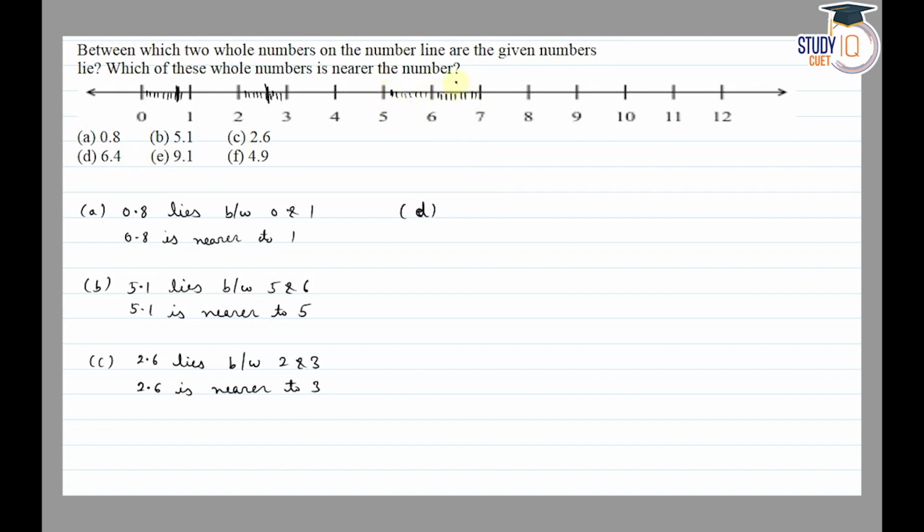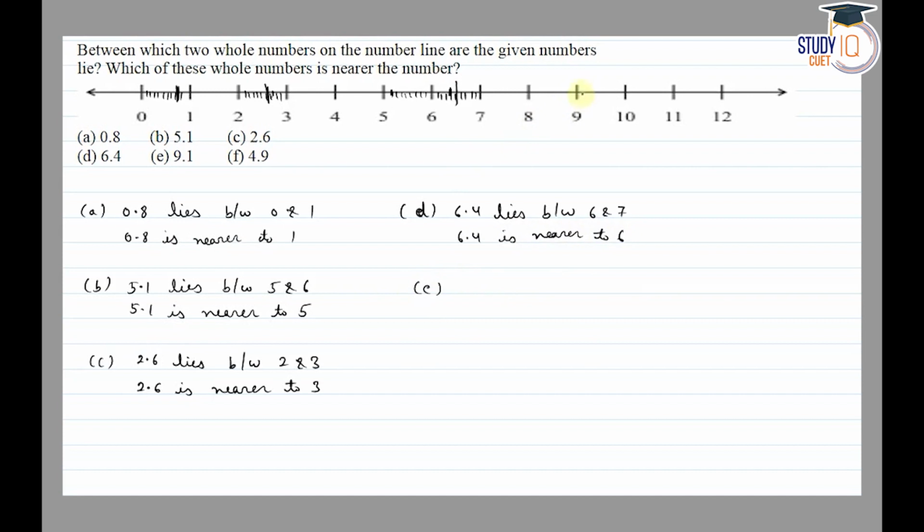Suppose the line is here at 5, so 0.4 will lie somewhere here, meaning it lies between 6 and 7 and nearer to 6, because it is 4 parts away from 6 and from 7 it is 6 parts away. So 6.4 lies between 6 and 7, and 6.4 is nearer to 6.